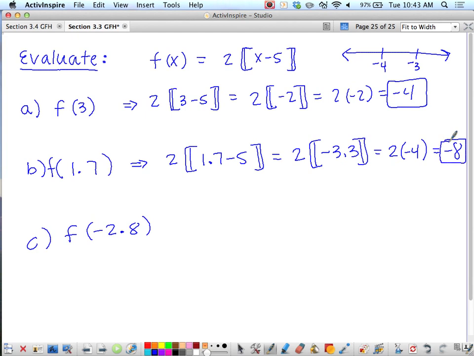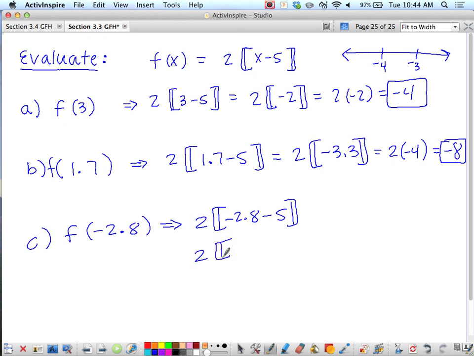And finally, what's f of -2.8? Ooh, we're still hearing different answers. -14, -16, -16. Okay, let's check it. All right, so we have -2.8 minus 5. Now, inside this greatest integer function, that cleans up to -7.8.